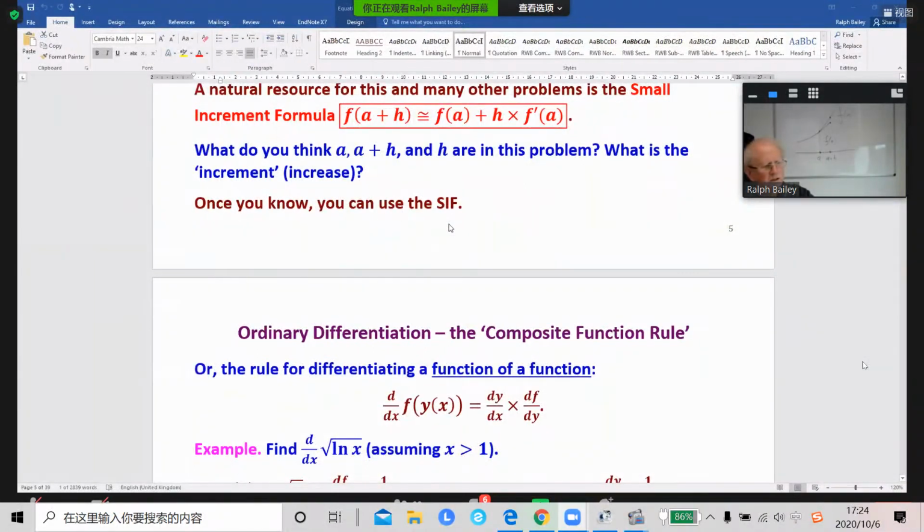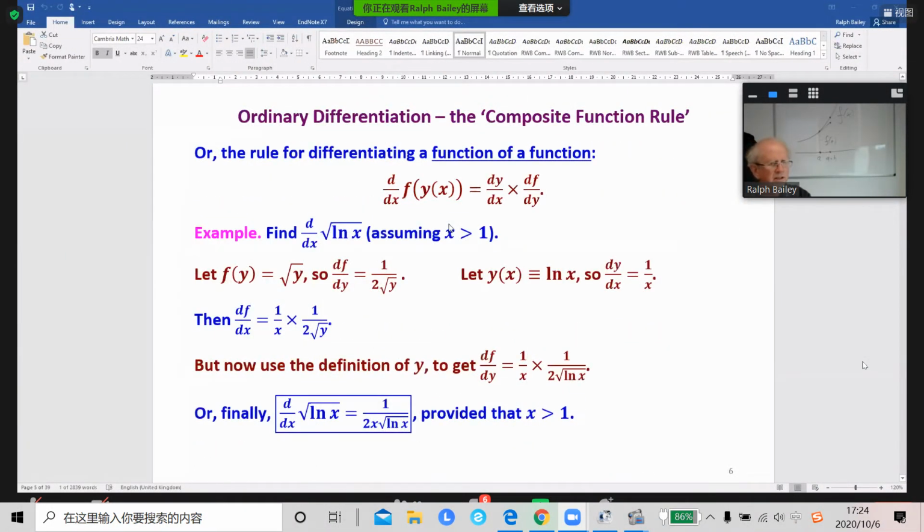Here's a rule you use from differentiation. Again, I hope it's something you've learned at A level. It's the rule for differentiating a function of a function, like f of y of x. It's sometimes called the chain rule, but what I call the chain rule we'll discuss in week 4 probably.